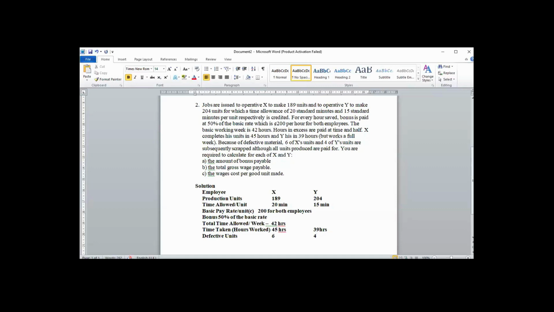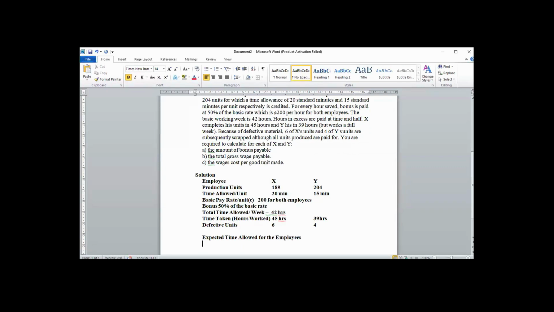Now, expected time allowed for employees.